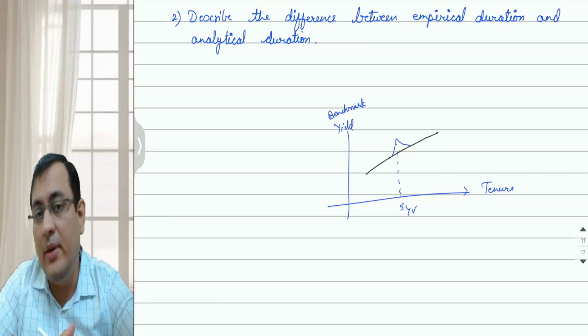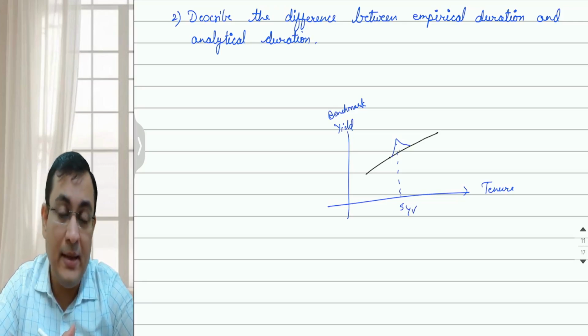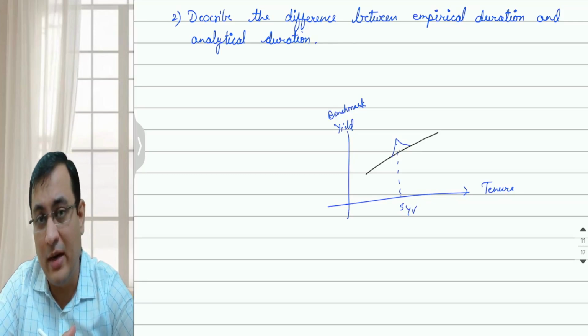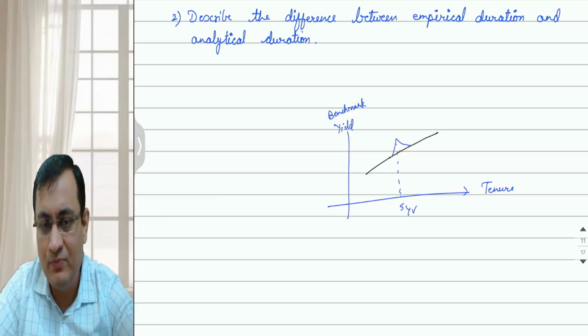Now there is a third limitation also: the yield of a bond is the sum of two things. The benchmark yield, which includes the real risk-free rate of return and inflation premium, and the second is the spread, which represents your credit risk premium, liquidity premium, maturity premium, and taxation factors premium.